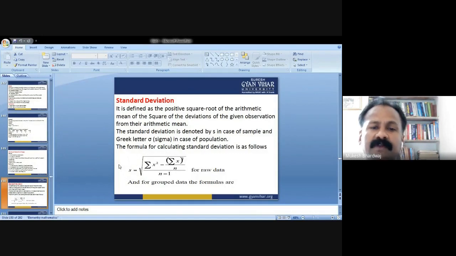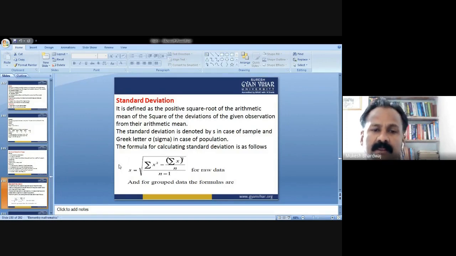So the formula for calculating standard deviation is as follows. S equals square root of summation x square, where x are the values of observations given to you. You have to square all the observations individually and do the summation first.